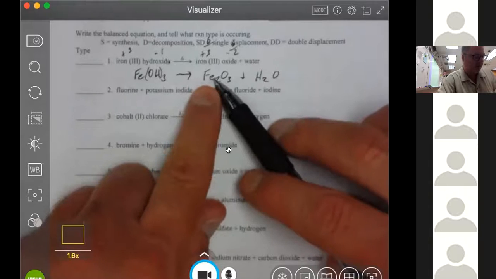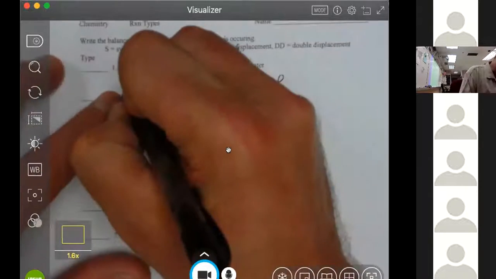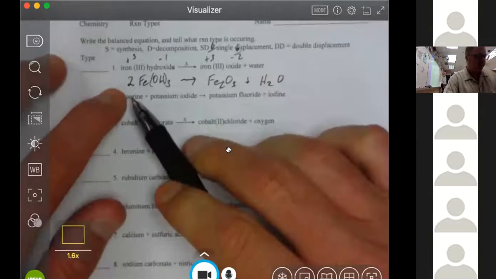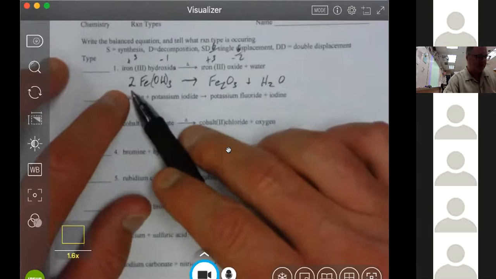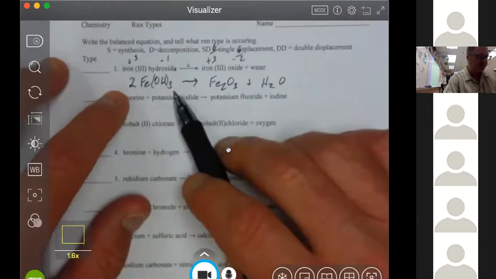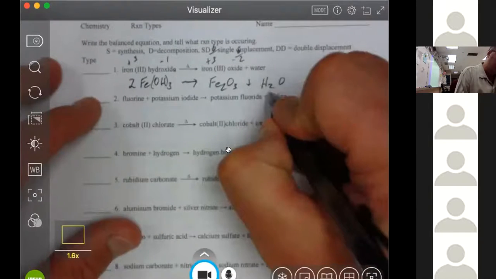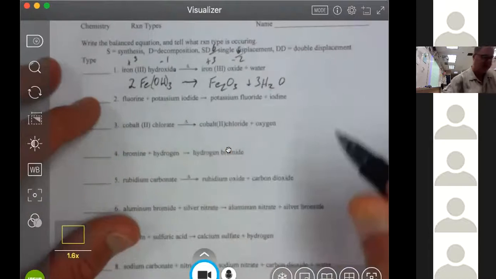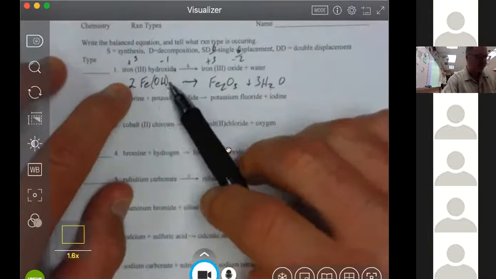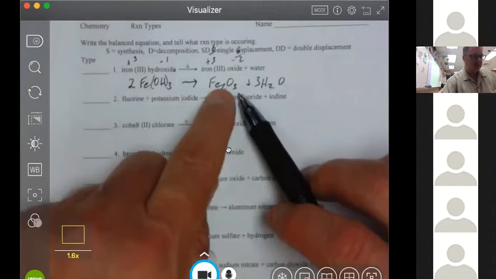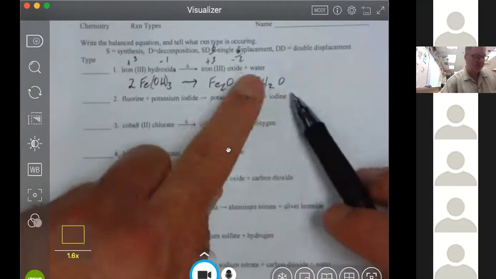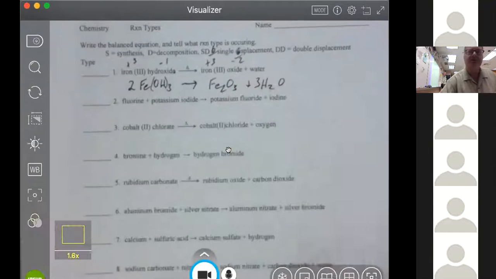So here you have 2 iron. So that means we need a 2 here. 2 Fe, and now we go to hydrogens. 2 times 3 is 6. 2 times 3 is 6 oxygens. Here we have 3 oxygens, and here we have 3 oxygens.